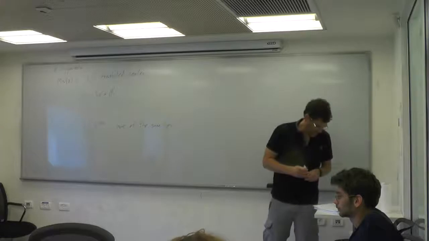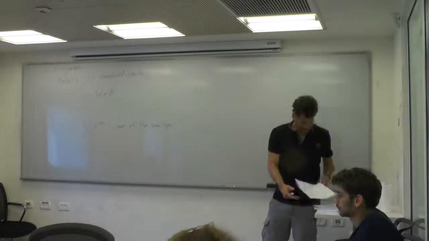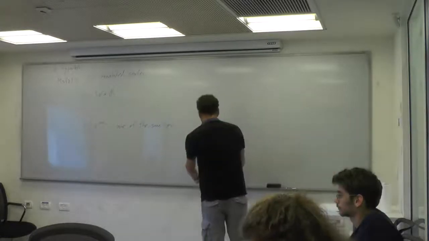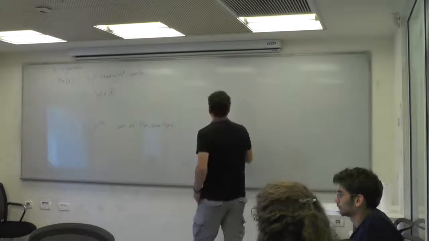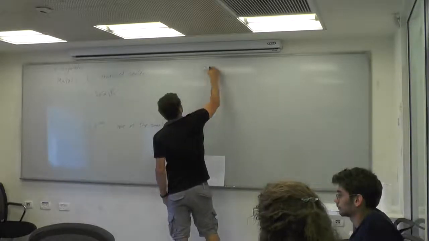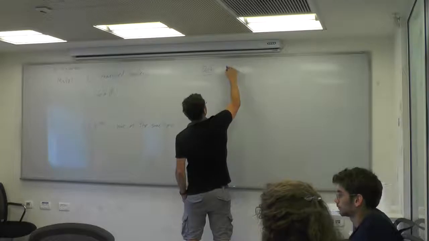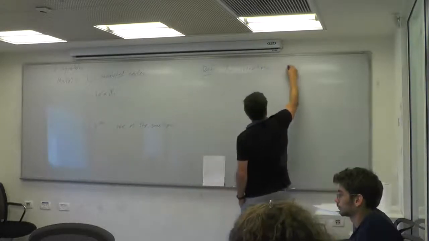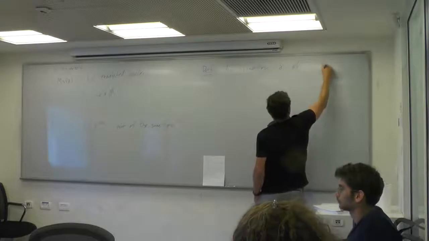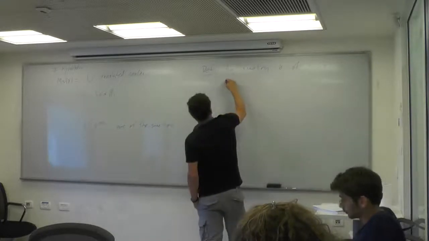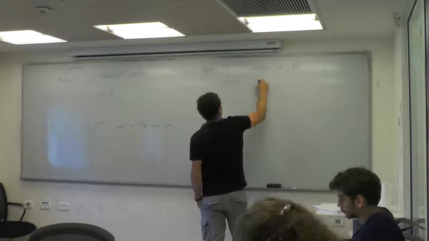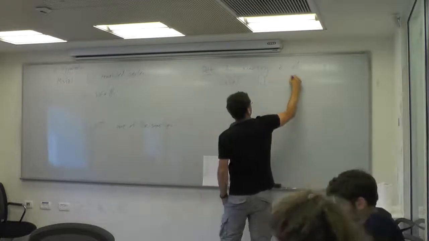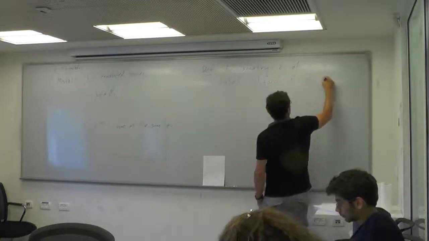So the next lemma, maybe one definition: an isometry gamma of X is called Clifford if d gamma is constant.